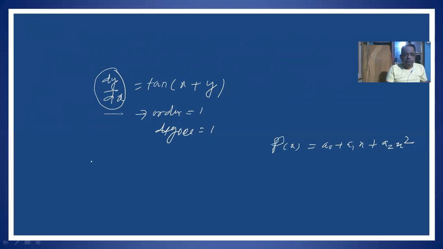Next, suppose the equation is tan of dy by dx equal to x plus y.